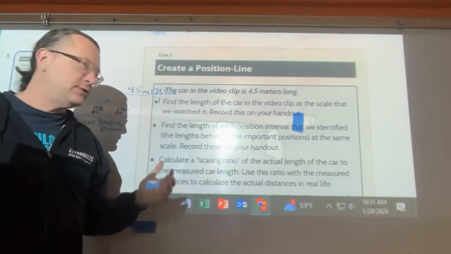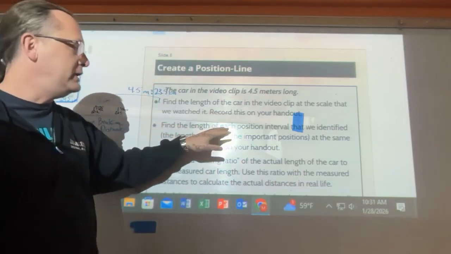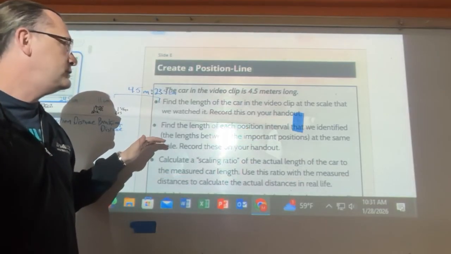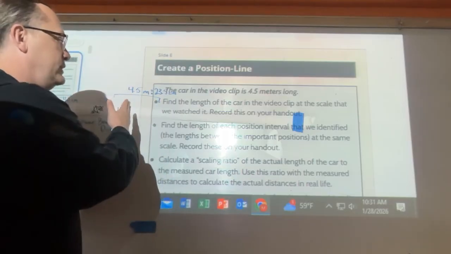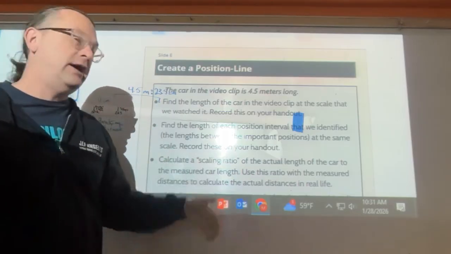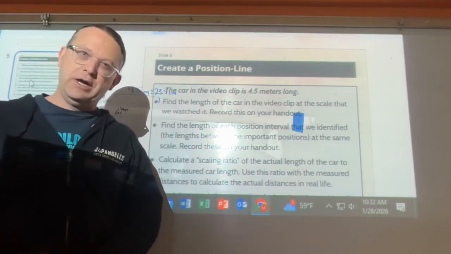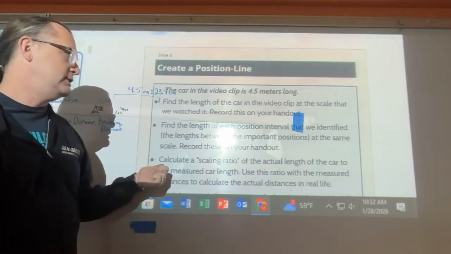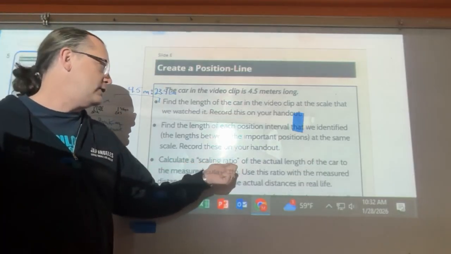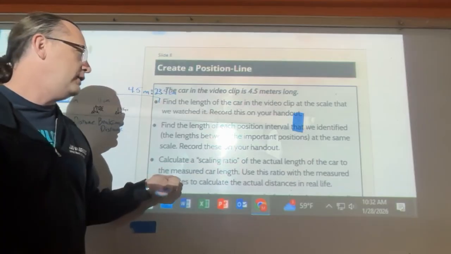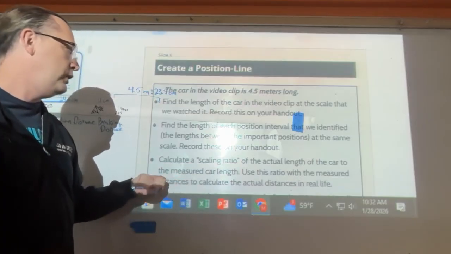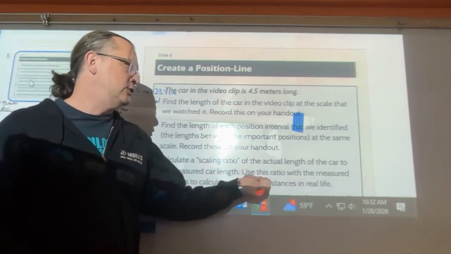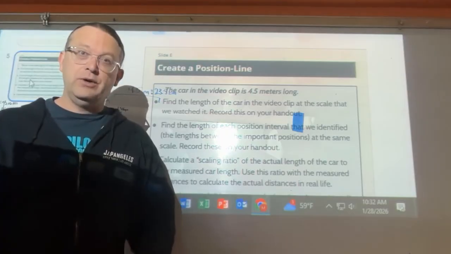Then let's find the length of each position interval that we identified, the lengths between the important positions at that same scale, and record those on your handout. Let's calculate a scaling ratio of the actual length of the car and use this ratio with the measured distances so we can calculate the actual distances in real life.